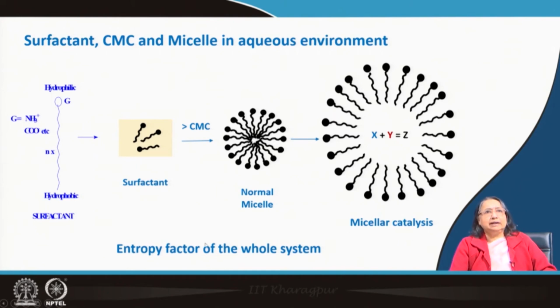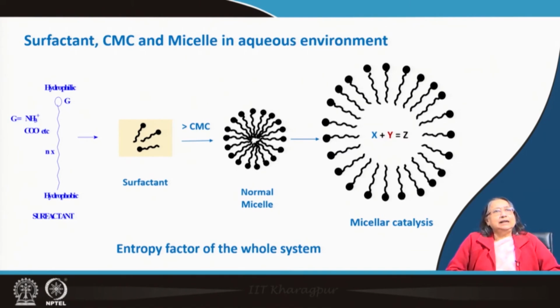Now, the entropy factor. You may say this is a little away from catalysis, but you may ask why micelles are formed, because in natural processes entropy always increases, but when a micelle is formed entropy should decrease, which is opposite to our concept. How to explain this?